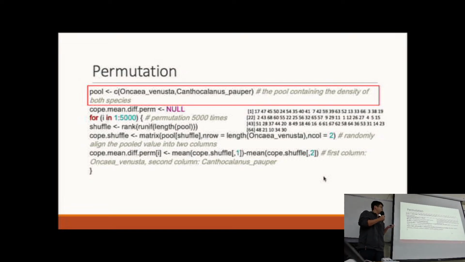To arrange the densities of these two species, I make a matrix to contain the shuffled pool, the density after shuffling, so this matrix contains the two shuffled densities of the two copepods. I also create a vector to contain the difference of means between the two species.